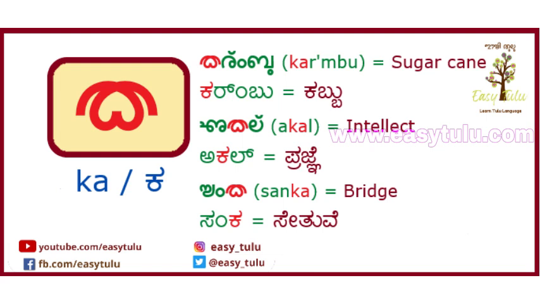Akalu means intellect. Prajne in Kannada. Sanka. Sanka means bridge. Sethuve in Kannada. Let us see how it is written. Ka.